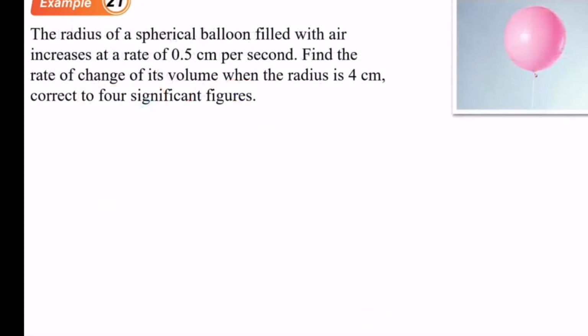Alright, let's proceed to the next example. The radius of a spherical balloon filled with air increases at a rate of 0.5 centimeter per second. Find the rate of change of its volume when the radius is 4 centimeter, correct to 4 significant figures.